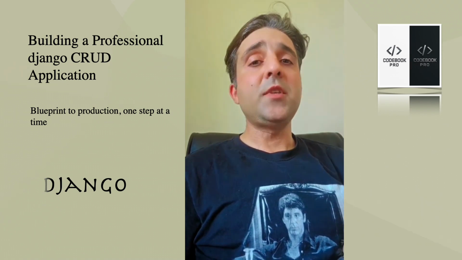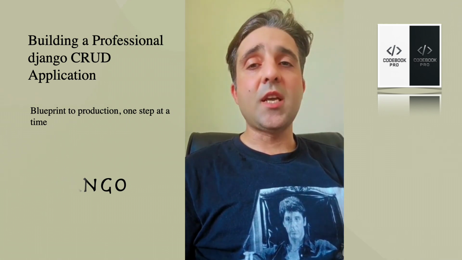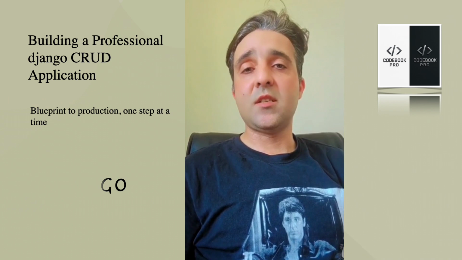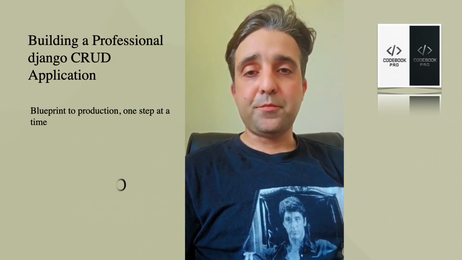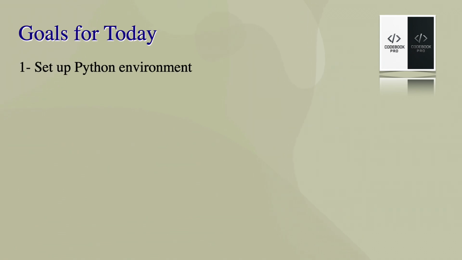So, before we dive in, let's outline exactly what we'll achieve today and what you will take away from this session. Goals for today. First, we will set up our Python environment, making sure everything is ready for Django development. Next, we'll create a new Django project and our first Django app, the foundation of everything we will build.